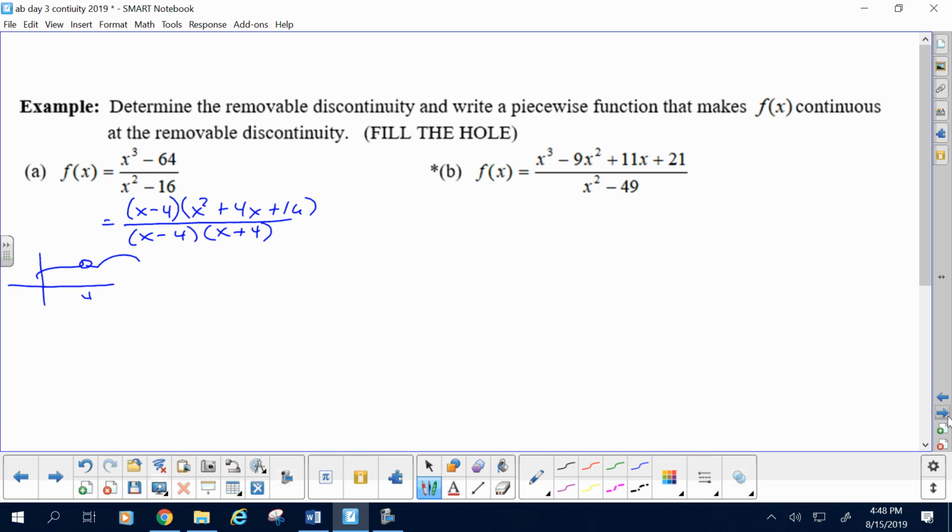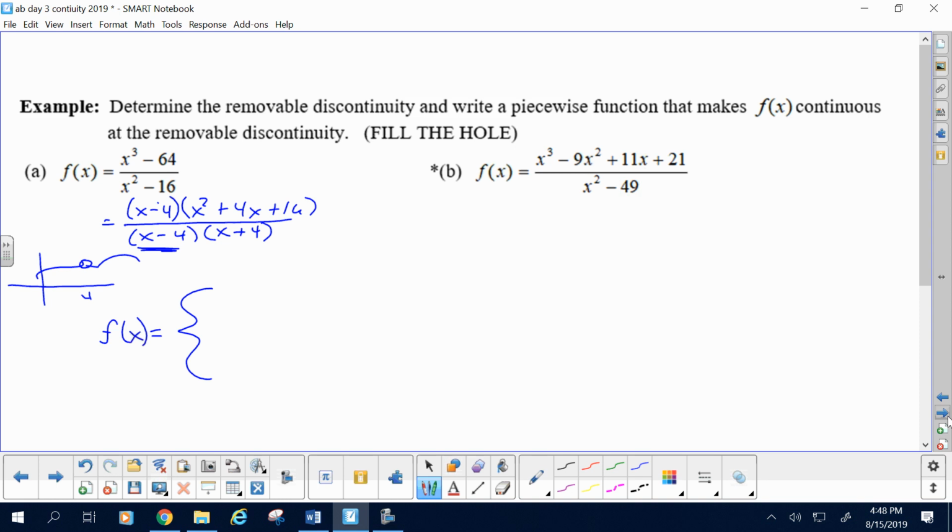In other words, I'm going to make a function that's almost identical to this one, but then I'm going to fill the hole so I have continuity. Now, at every other point except for 4, I don't have a problem. If, for example, I put in 7, this would be 3 over 3, it would go away, and I'd have what's left.